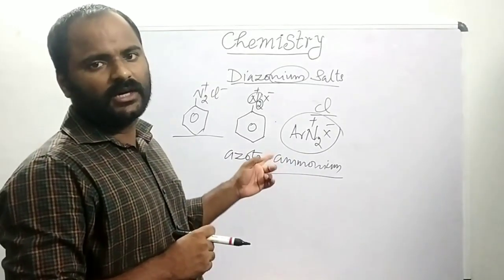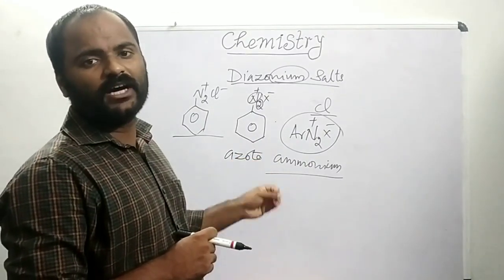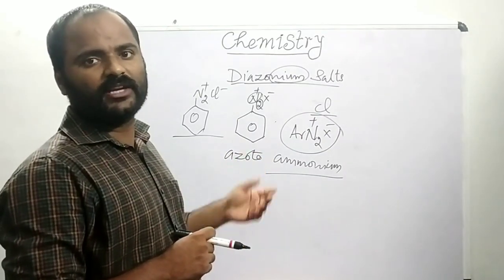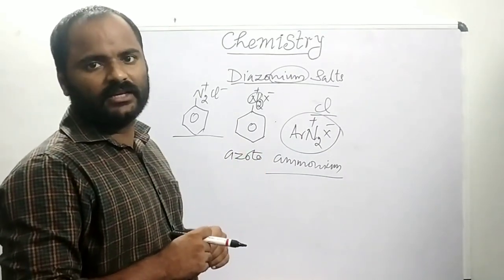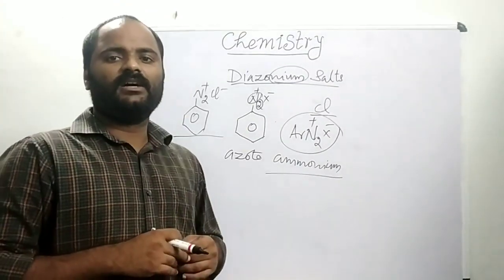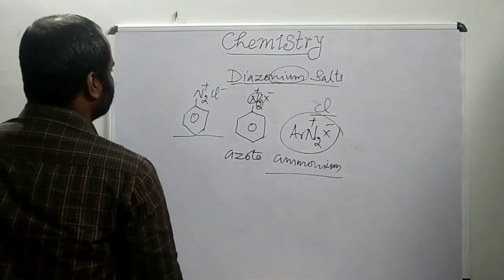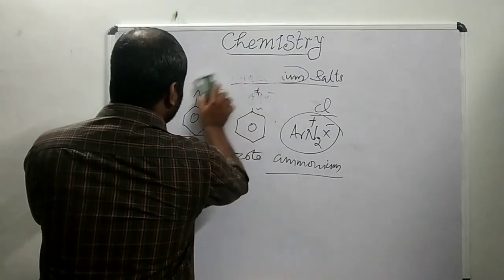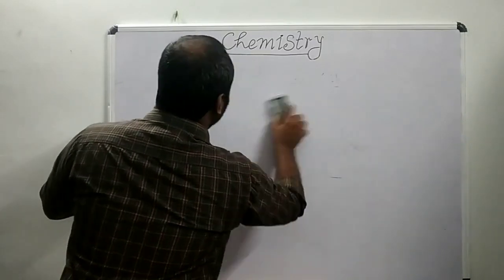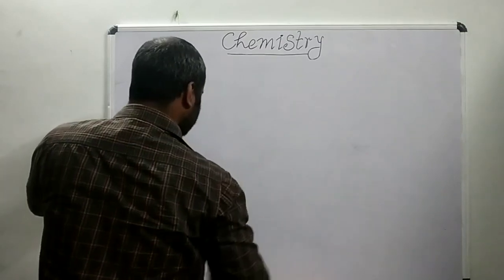Amines on reaction with NaNO2 and HCl at 0 to 5 degrees Celsius give benzene diazonium chloride. In properties of aniline, you have already studied the preparation of this compound. Once again we can see it. It is known as diazotization reaction.